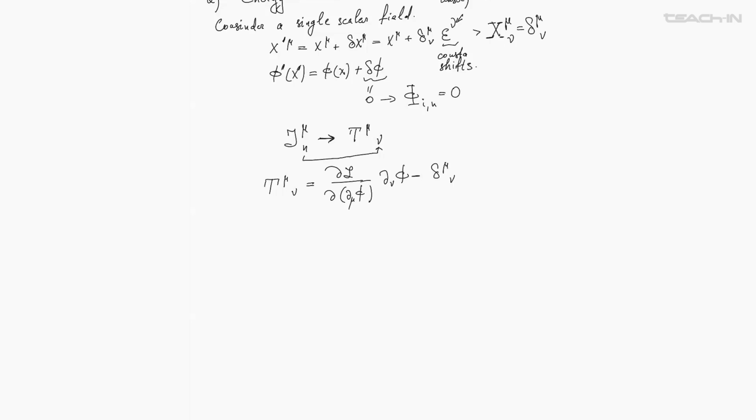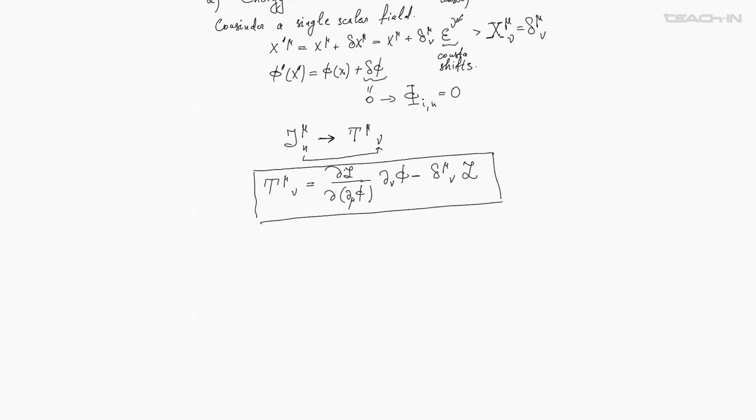Sometimes people use the word Lagrangian, but I mean here the Lagrangian density. You understand? So this is how the stress energy tensor looks for the case of a single scalar field.